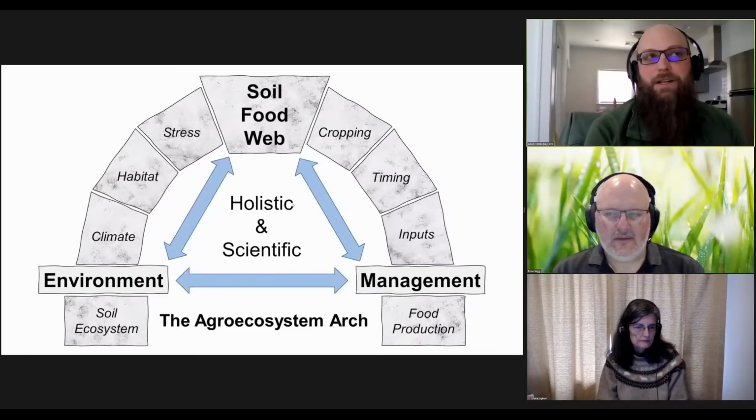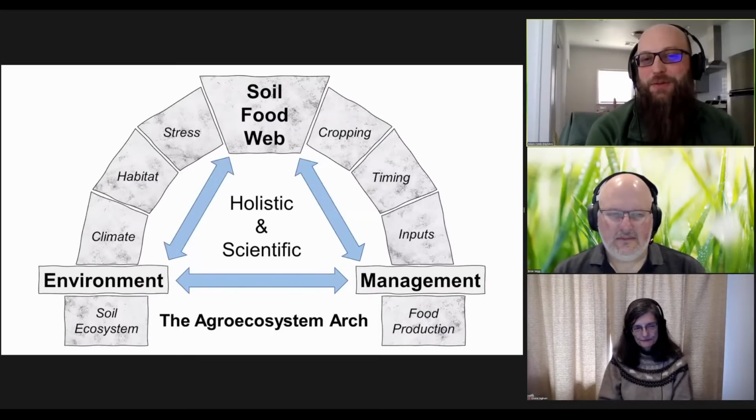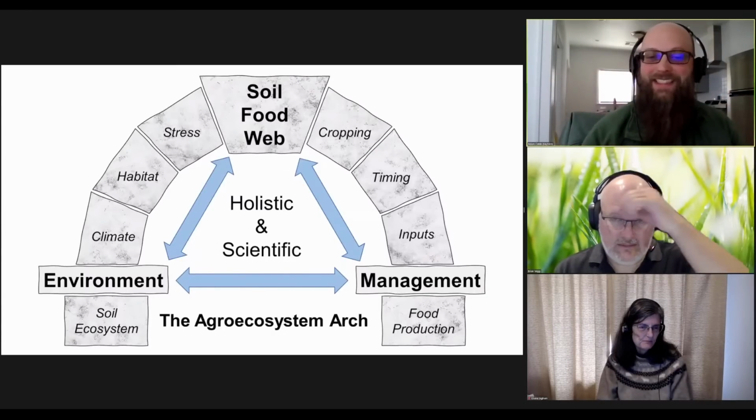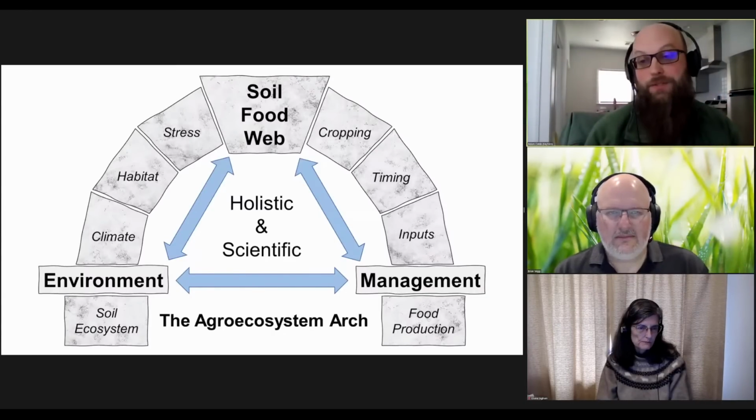This is a graphic that I came up with recently when I was going to a conference in Greece, and I thought about the arch and how an agroecosystem can be thought of like an arch. There's all these different things that we're trying to manage in an agroecosystem.